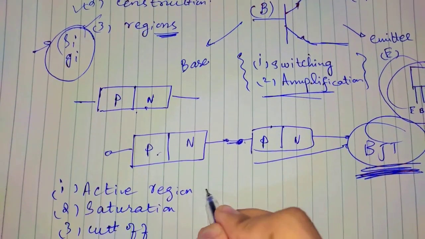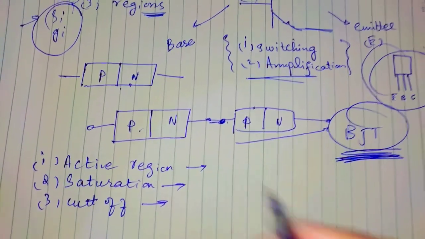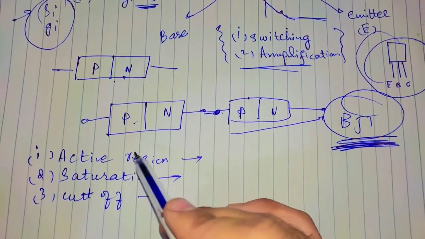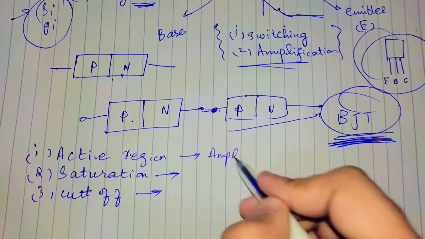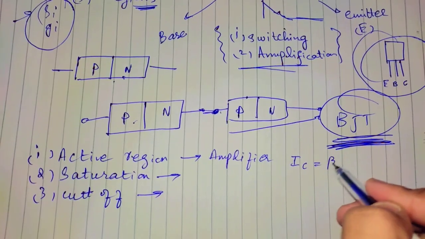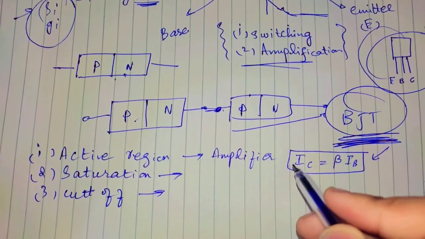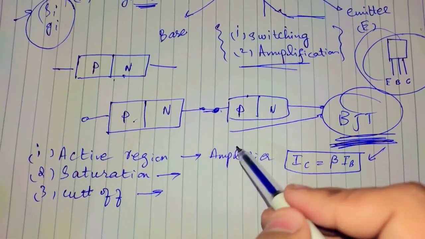Okay, what is the active region? In the active region, the transistor operates as an amplifier, and in this case collector current is equal to beta times IB. This is the relation for an active region, and in the active region the transistor works as an amplifier.